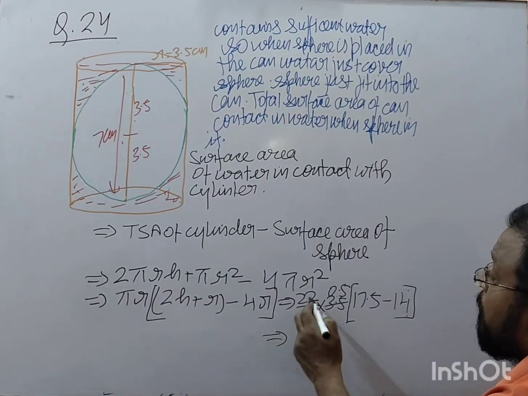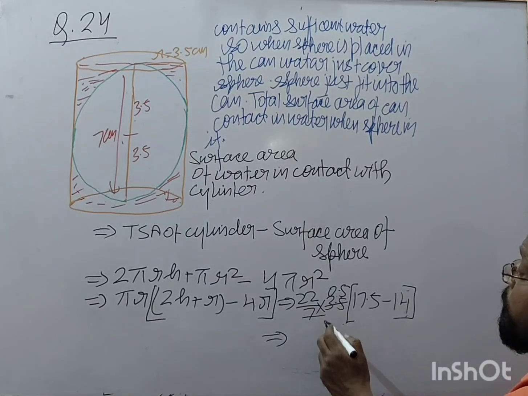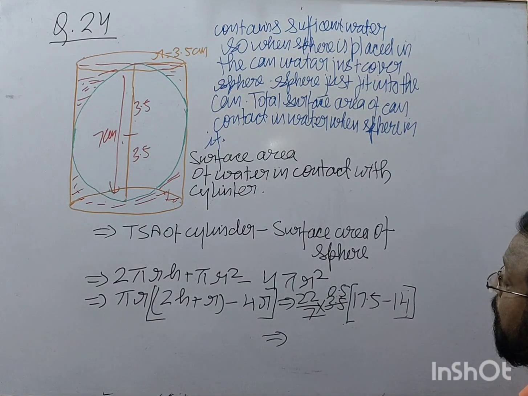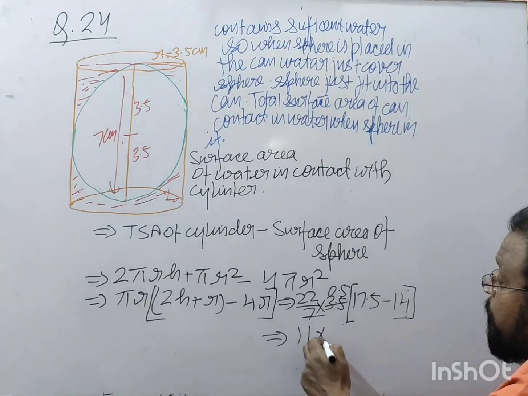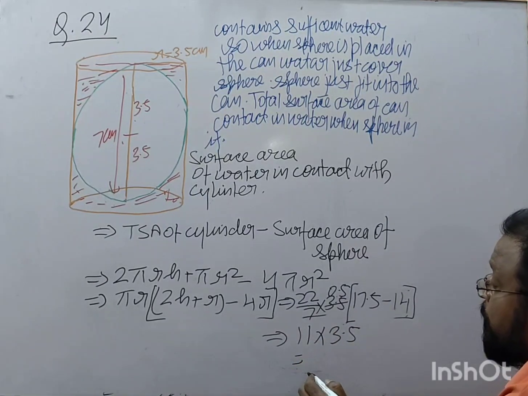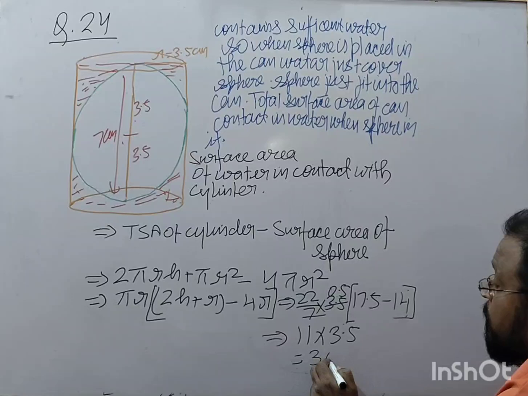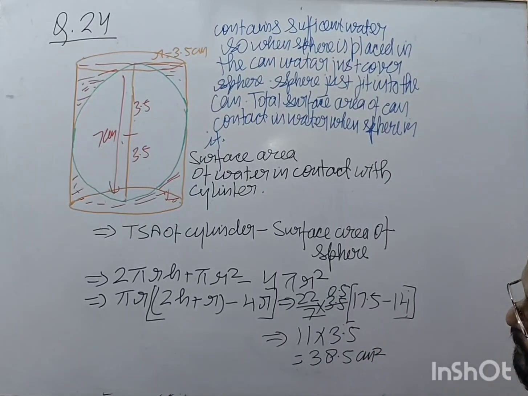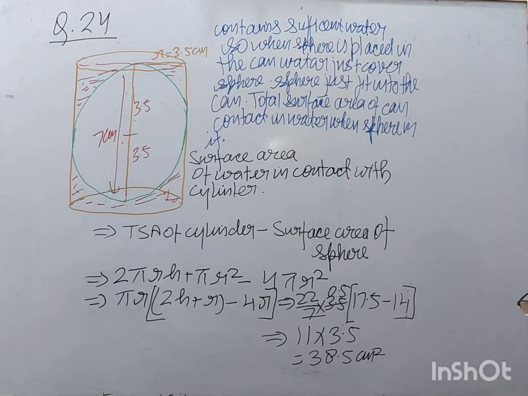11 into 3.5. So that is also coming how much? 38.5 centimeters square. Is it? No, 192.5.